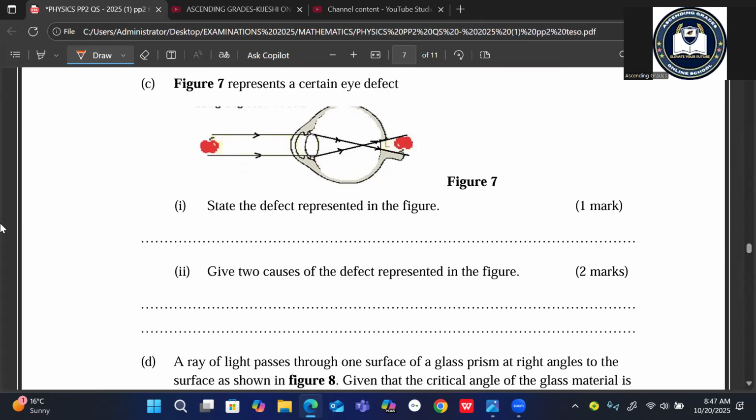State the defect represented in the diagram. The first thing is you look at it and see that this object is from a very long distance because the incident rays are parallel. So that is an object that is very far.